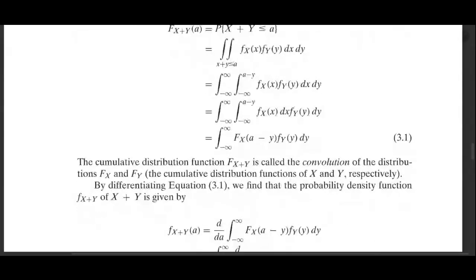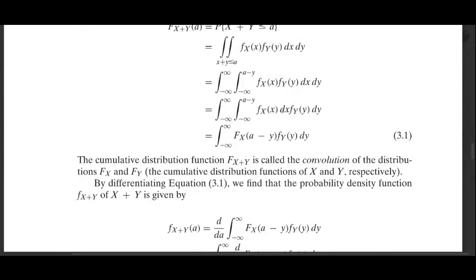Okay, so because this is the density function for X, this is the density function for Y, we can write it this way. We can just integrate this part, then this part. So then in the end, what do we get? We get the anti-differentiation of little f, which is a capital F, the cumulative, right?